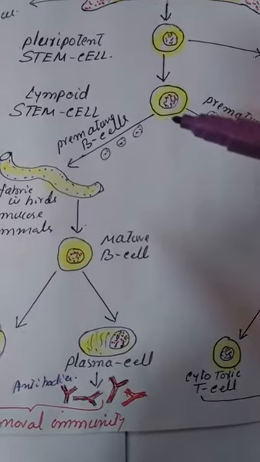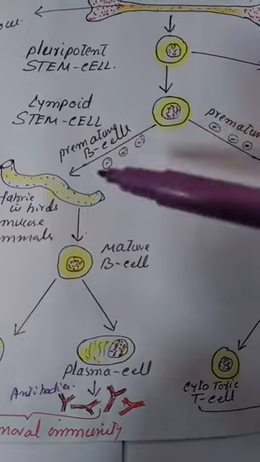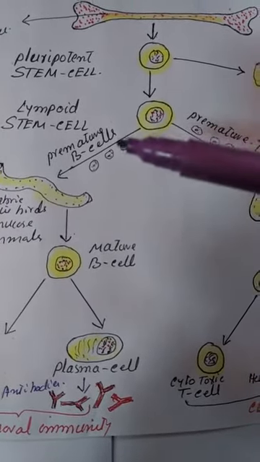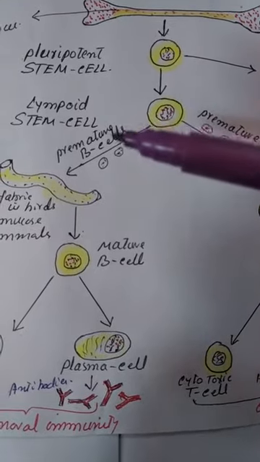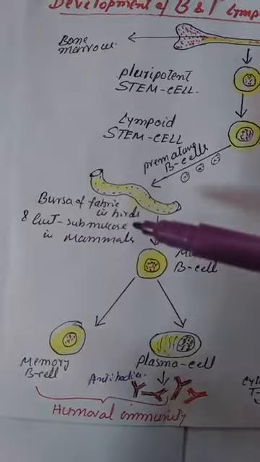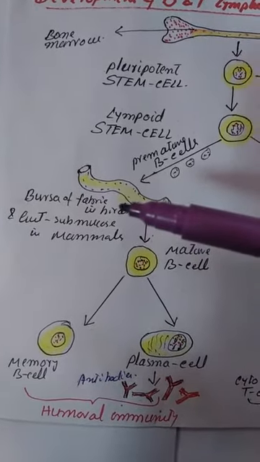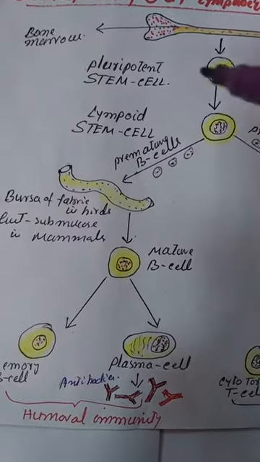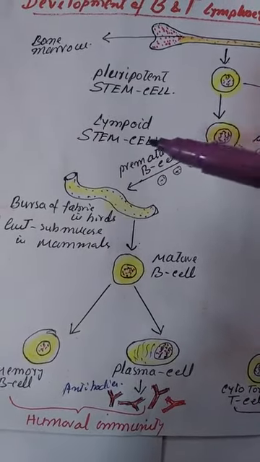The lymphoid stem cells form premature B cells or T cells. The B cells mature in the gut submucosa in mammals, while in birds they mature in the bursa of Fabricius.